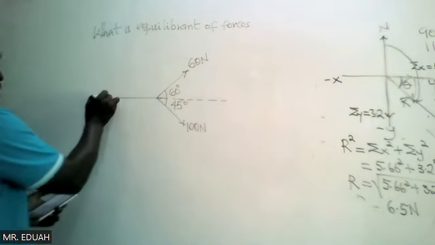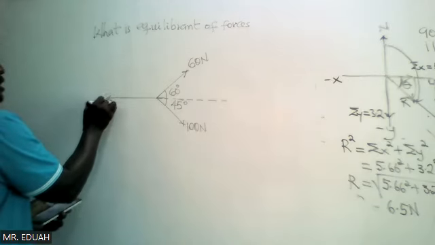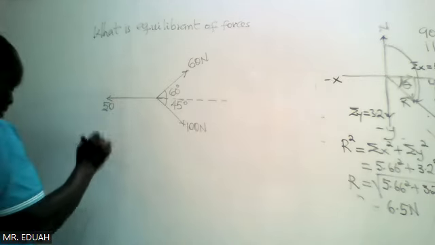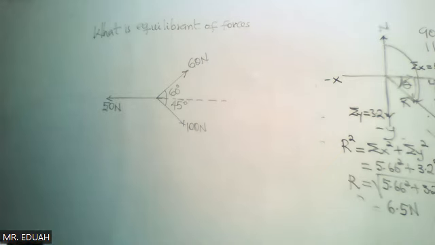Then we have this force of magnitude 50 Newton. We have to calculate the magnitude and direction of the resultant.